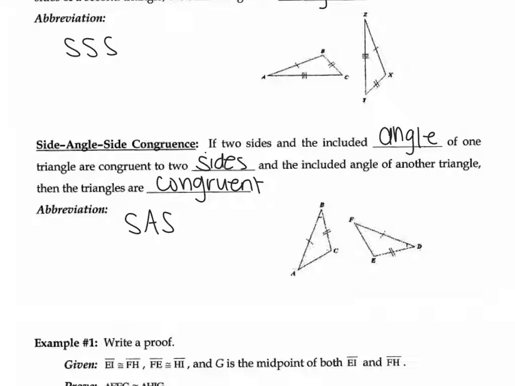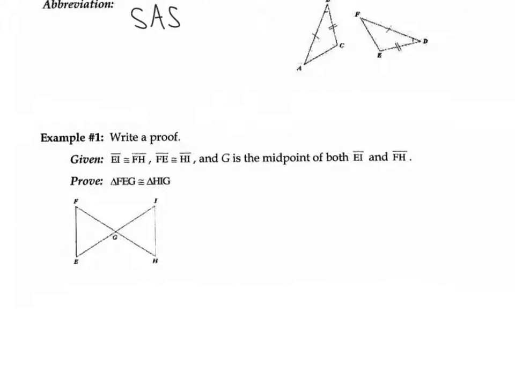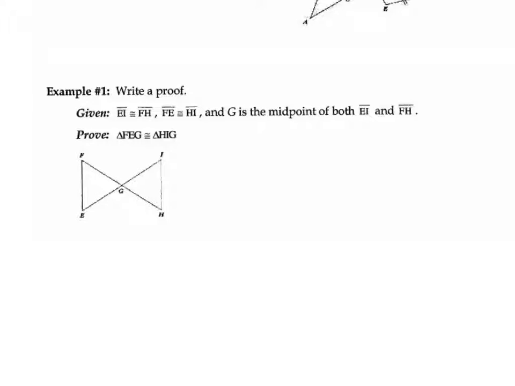So it's very similar to the angle side angle congruence, except instead of two angles and the included side, it's two sides and the included angle. So if we look, we have side AB congruent to FD and BC congruent to DE, and then their included angles, angle B and angle D, are also congruent. So then the two triangles would be congruent as well. Let's go ahead and use these two congruences in a few examples.